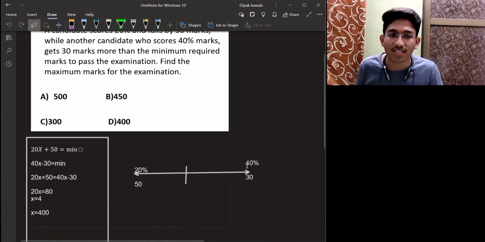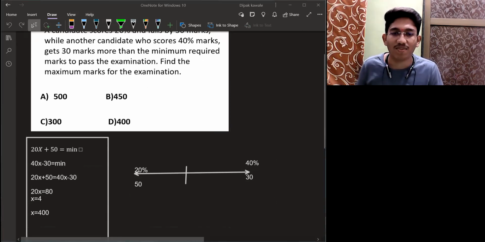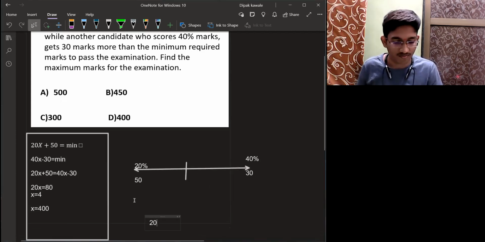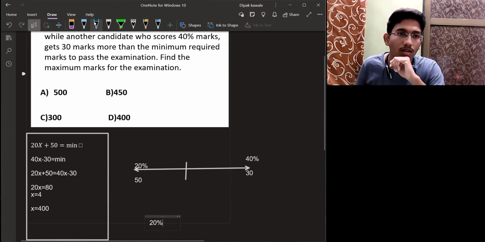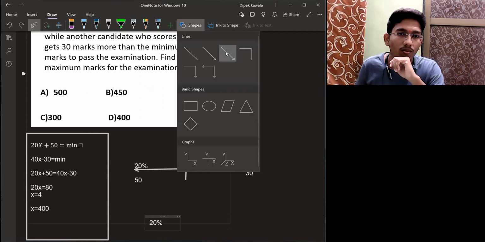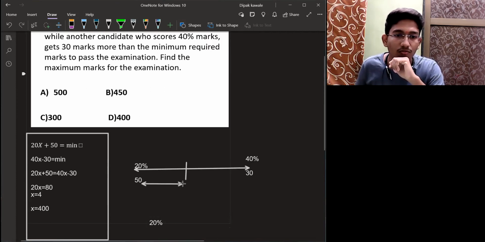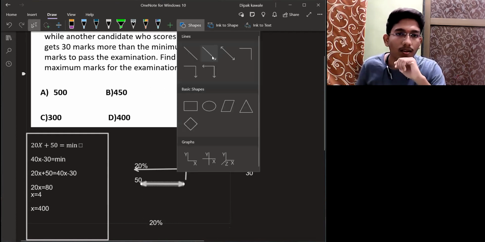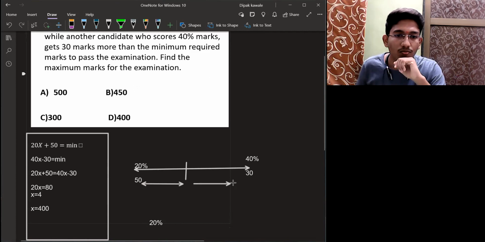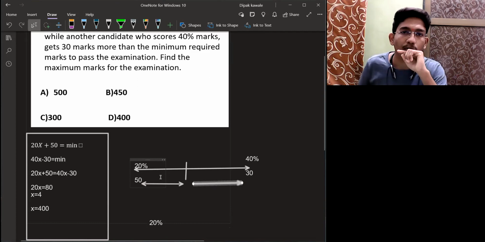Students, tell me what is the difference between 20% and 40%? 20%. Now tell me, students, my this 50 and my this 30, how much is the total distance? 50 plus 30, 80.